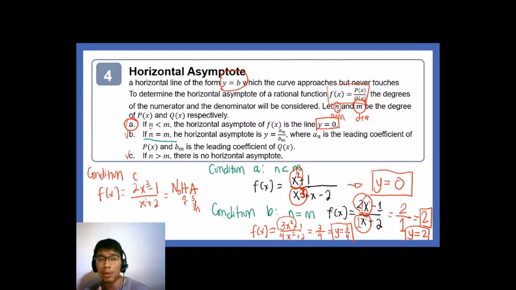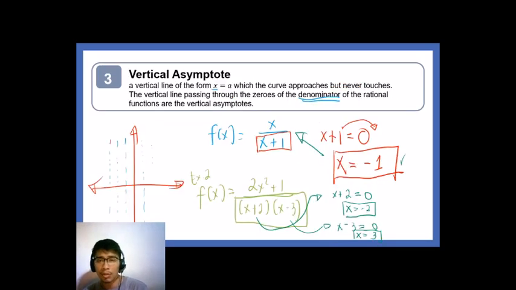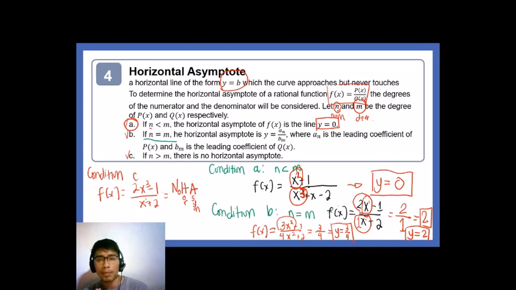So that's how we identify the horizontal asymptote. We are now done with vertical, where the vertical asymptote is observed through the denominator. And the horizontal asymptote is observed through comparing the degrees, ladies and gentlemen. So that is the first two, horizontal and vertical asymptotes.